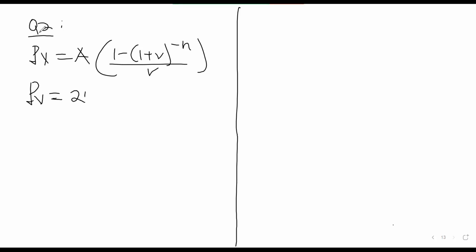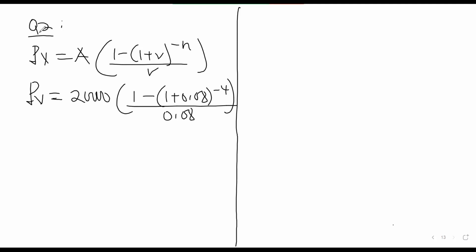So we have 20,000 multiplied by 1 minus (1 plus 0.08) exponent negative 4, all divided by 0.08. Am I correct? Is the interest rate 8%?